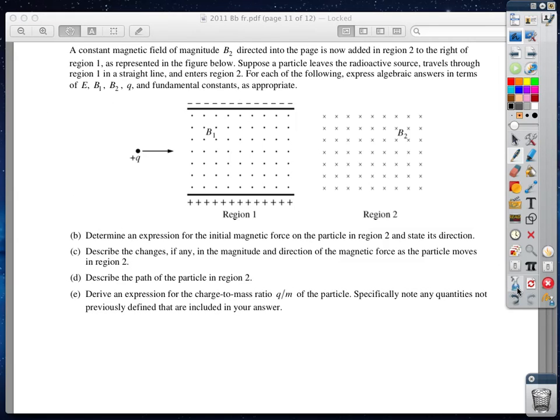Then we say describe the changes, if any, in the magnitude and direction of the magnetic force as the particle moves in region 2. Okay, so now we have this thing going ahead with the velocity E over B. Brian, which way does that particle get pushed by the magnetic field?